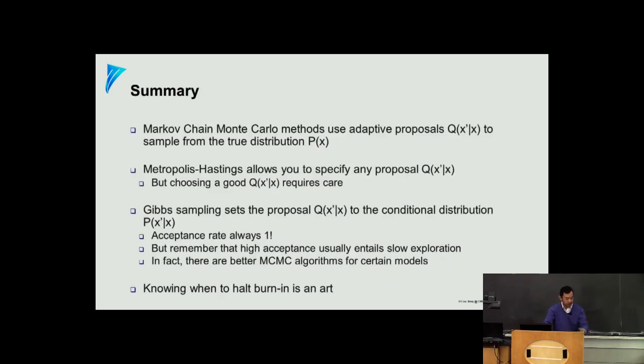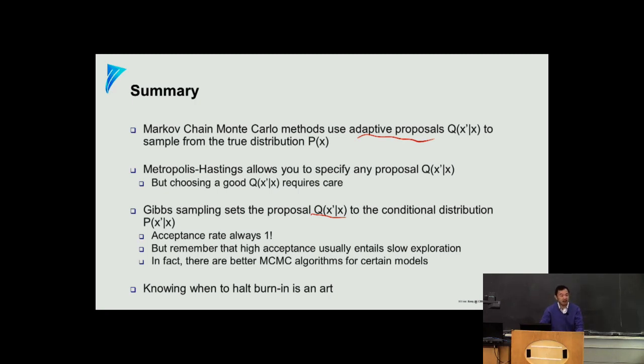Okay, so here's a quick summary of the MCMC. On the basic part, the key point is we're now going to use an adaptive proposal. You are also going to have choices of a further engineered adaptive proposal, a conditional distribution of a single random variable given the rest.